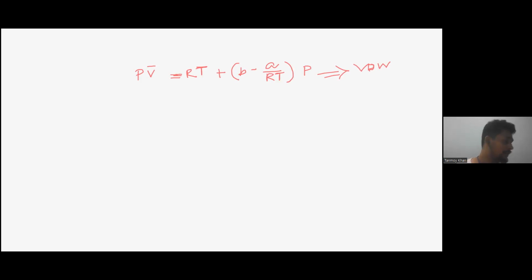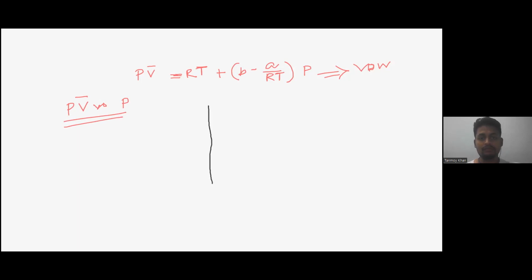Now, if you want to draw PV bar versus P, this is the task we have given. Then how to draw it? PV bar versus P.